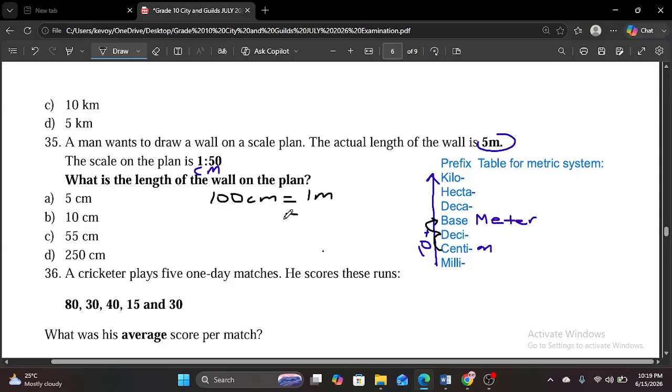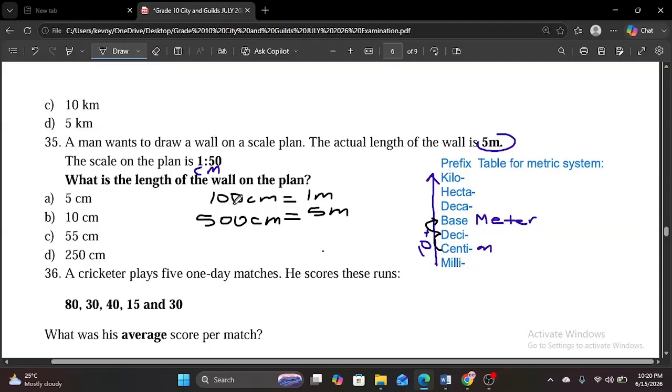So that means if I have 5 meters, that's going to be 500 centimeters. Right?